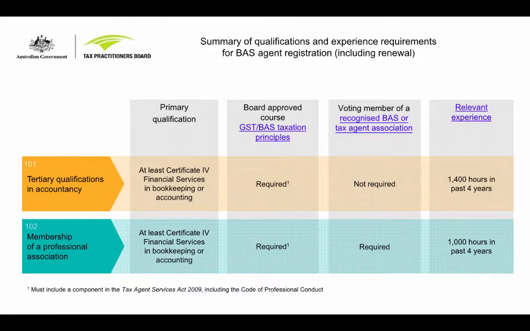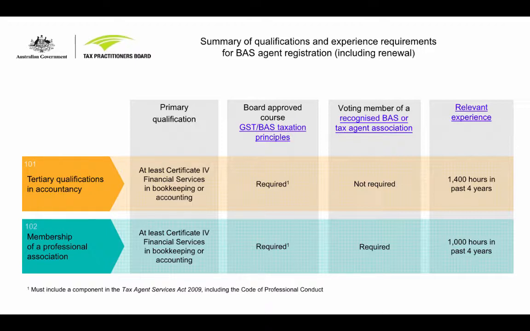So let's have a look at the summary of qualifications that we might need. For example, one of them would be solely based on your tertiary qualifications in accounting. And the major difference with that one is that then you need 1,400 hours of relevant experience in the past 4 years.